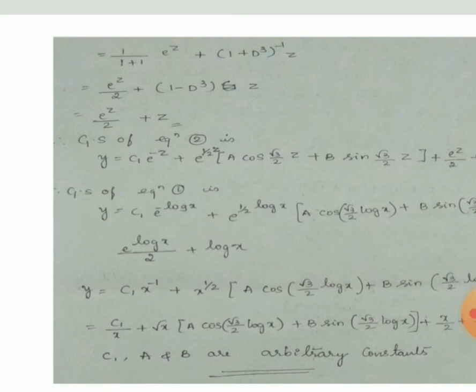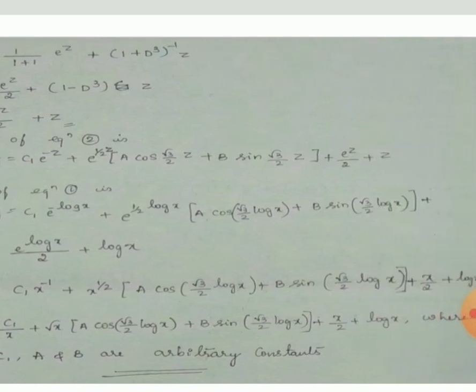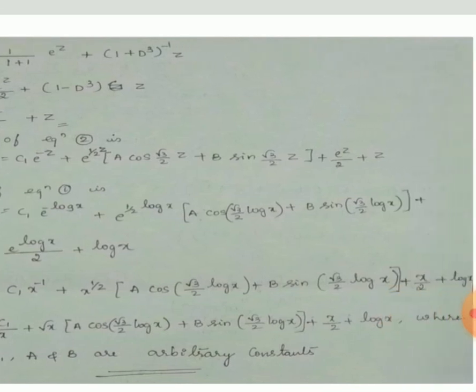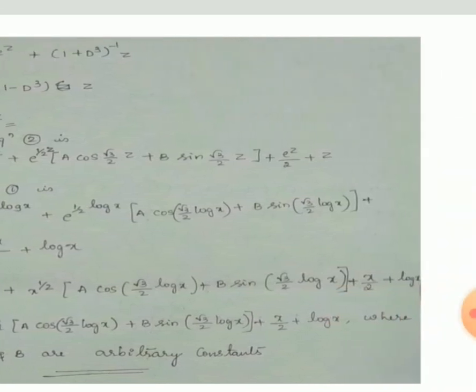So we are left with x power minus 1. Again the second term is also the same: half goes to the power of x, so that is x power half, e and log will get cancelled. So x power half, and all the terms next are the same. Again e power log x by 2, e and log will get cancelled, so x by 2 plus log x.